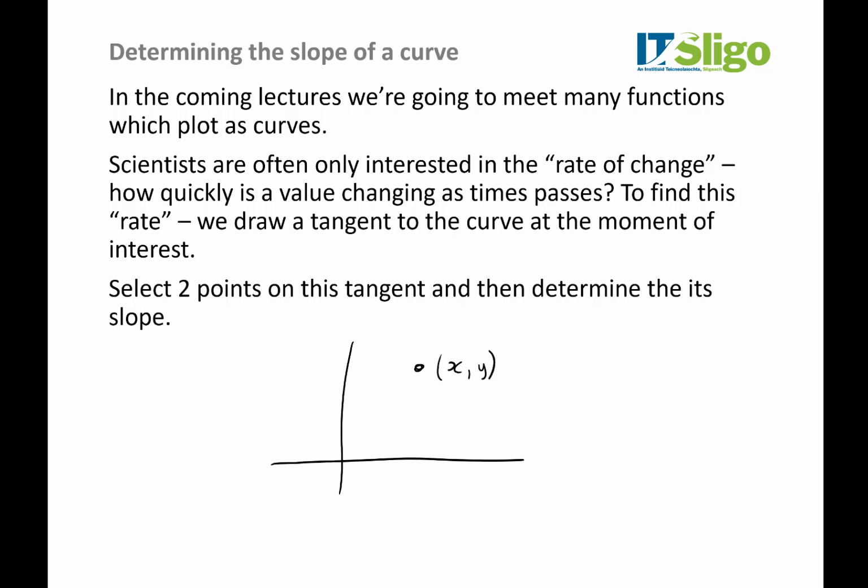What a scientist usually isn't interested in is, well, what's y? What he's usually interested in is, is my value increasing from here or is it decreasing? What's happening at xy? What's the rate of change at this particular point? And anywhere where you see the word rate, you can be sure we're looking at a slope.